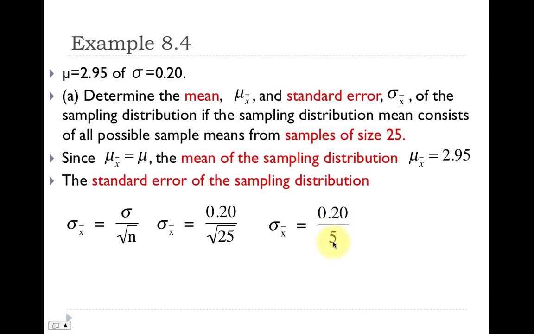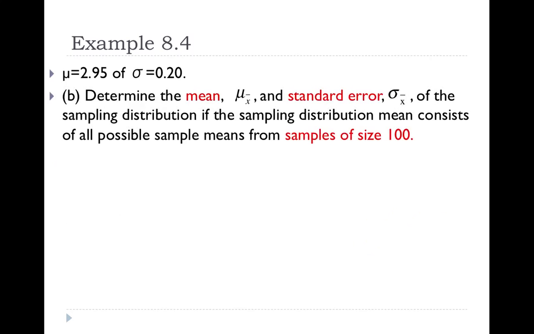And then 0.2 divided by 5 gives you 0.04. Again, if this was not terminating, then we would take it out to 4 places. So our standard error is 0.04. So the mean of the sampling distribution is 2.95. The standard error of the sampling distribution is 0.04.